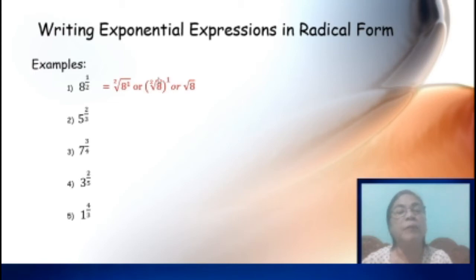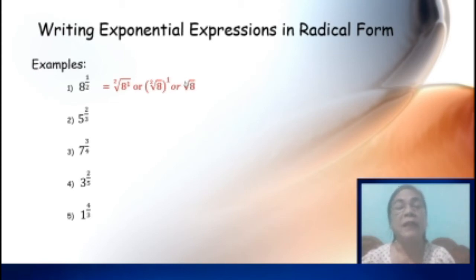Or this could be written as square root of 8 raised to the first power, or this is equivalent to square root of 8. What happened to 2 and 1? Now, you have to remember the index. If the index is 2, no need to write the index as 2.